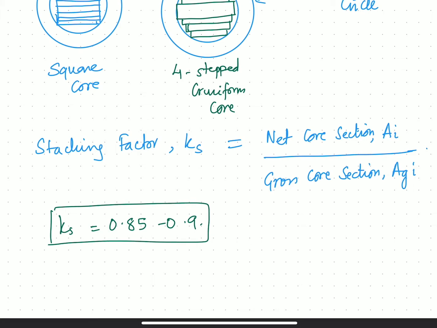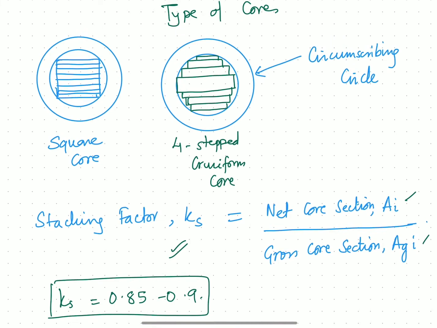All right. Once you have read about this stacking factor Ks, we will then talk about these areas AI and AG, and we will talk about some more ratios. So first we shift to a square core. By a square core I mean it has a square cross section, and I think of an imaginary circle.